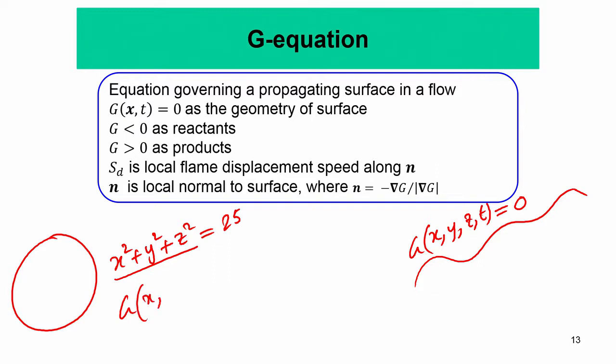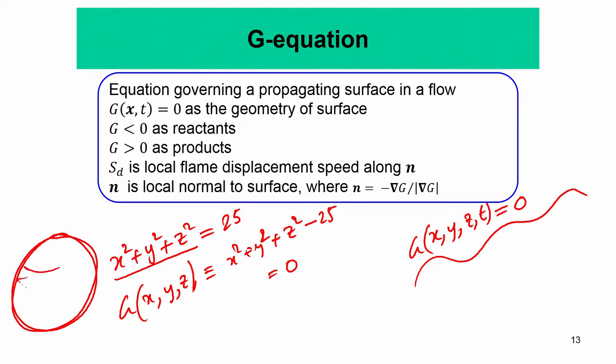So I describe the surface of the sphere, if it is not moving, as x squared plus y squared plus z squared, and I can put 25 on this side also, and this is equal to 0, okay. So the whole surface of this sphere is determined by g equal to 0, okay. So this is how you come to this G-equation description.